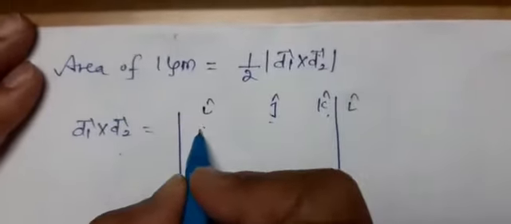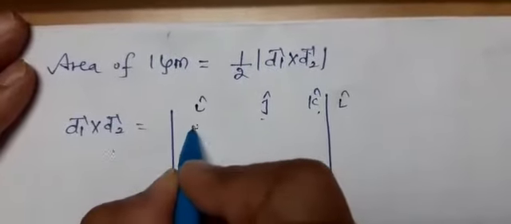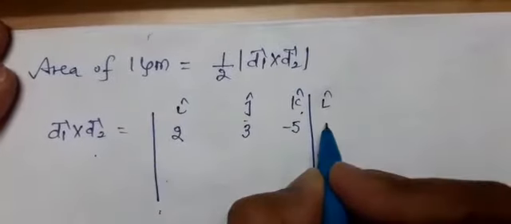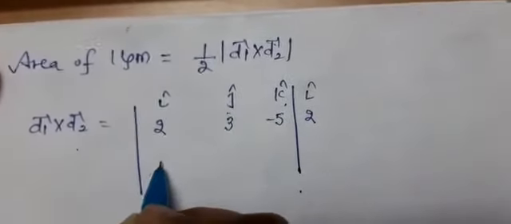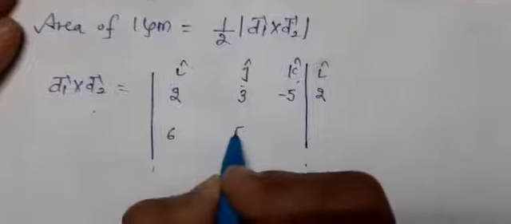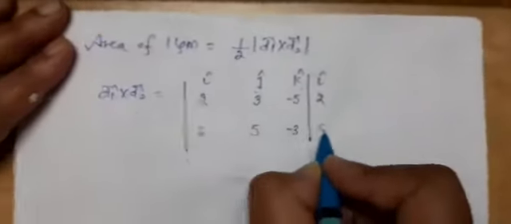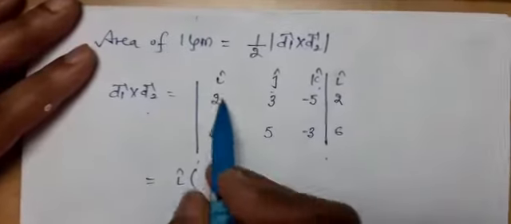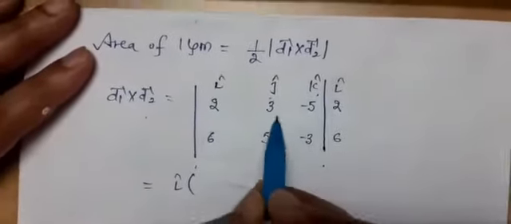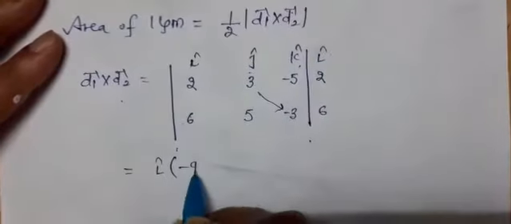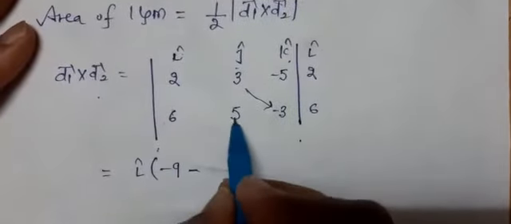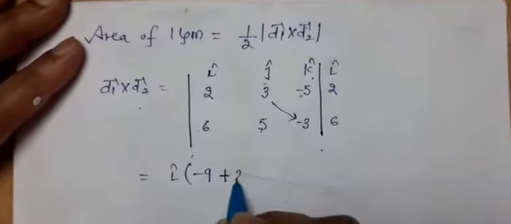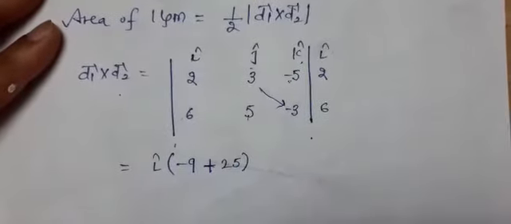So here, first of all, for D1, when I am taking the coefficients, the I coefficient is 2, the J coefficient is 3, the K coefficient is -5, again here 2. For the D2 vector, this is 6, this is 5, this is -3, and this is 6. Now when I take the I coefficient, it will be 3 into -3, -9, with the negative sign, then 5 into -5, that is -25, so it will be minus plus 25, right?